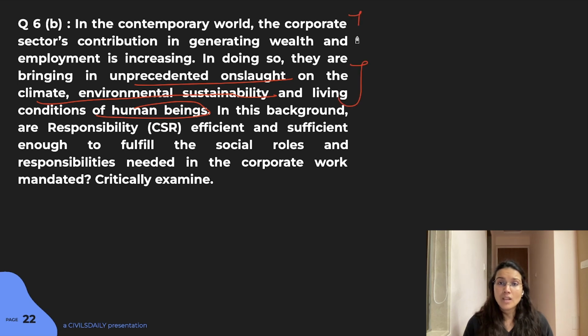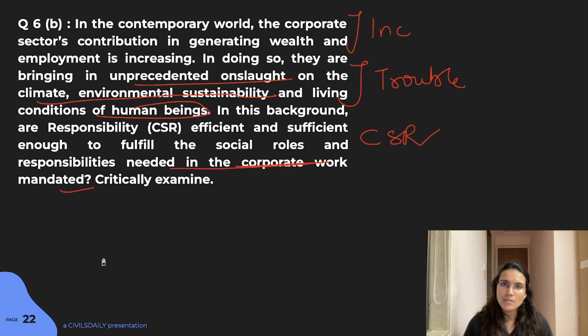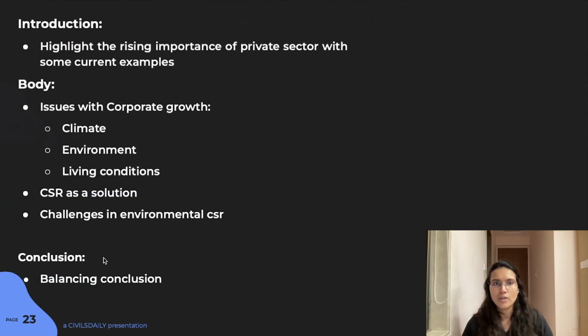So how their role is increasing, the trouble they are causing, and in the background, how CSR is efficient and sufficient enough to fulfill the social roles and responsibility needed in the corporate mandated work. And then we have CSR. Okay, so that is the basic distribution with respect to this question.